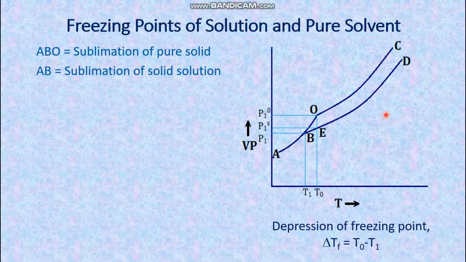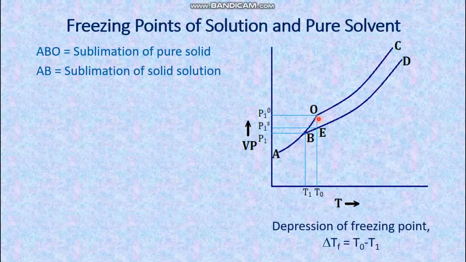On the other hand, these two curves are similar to the curves shown in the previous lecture, where we discussed the elevation of boiling point. There it was clear that the vapor pressure of the solution is always less than that of the pure solvent. So here also the same curve is repeated, but when you move towards lesser temperature, that means you move to the colder region, at a certain point O, where the corresponding temperature is the melting temperature of the pure solvent, that particular solvent would freeze and become a solid.